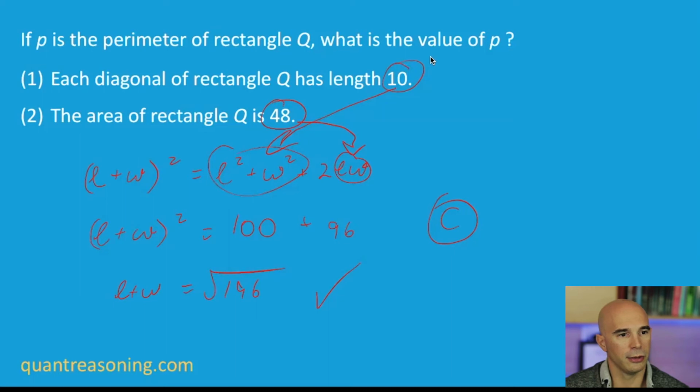If I tried to mess around with the shape of the rectangle now, if I want to keep the diagonal the same but start squishing the rectangle, I'm going to impact the area. The area won't stay the same. And if I want to keep the area the same while squishing the rectangle, the length will have to change. I can't keep one of them the same while changing the other.